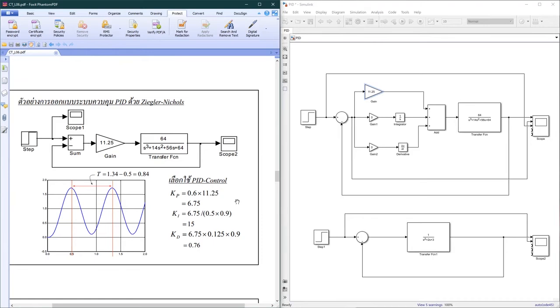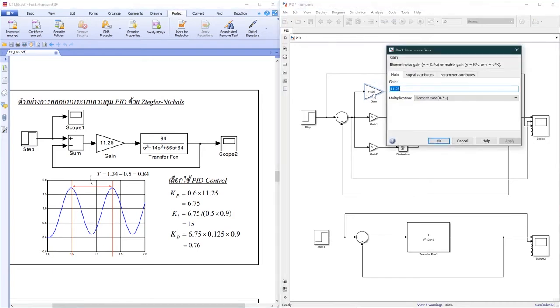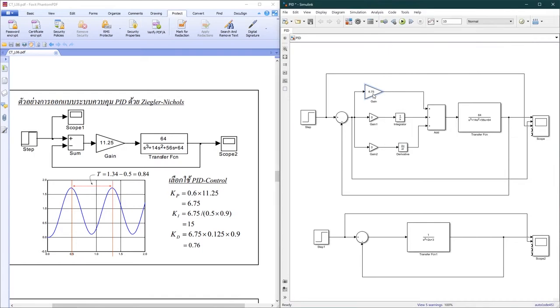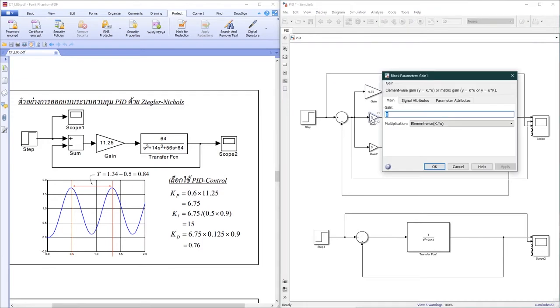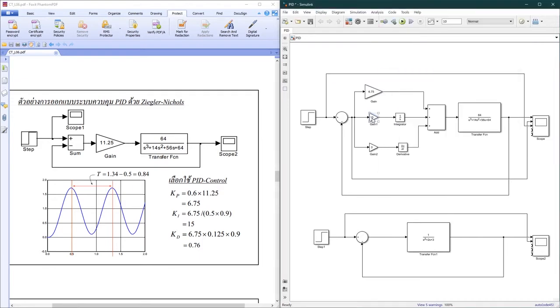Okay, let's try it together and see how the response will be. Change Kp to 6.75, Ki to 15, and Kd to 0.76.